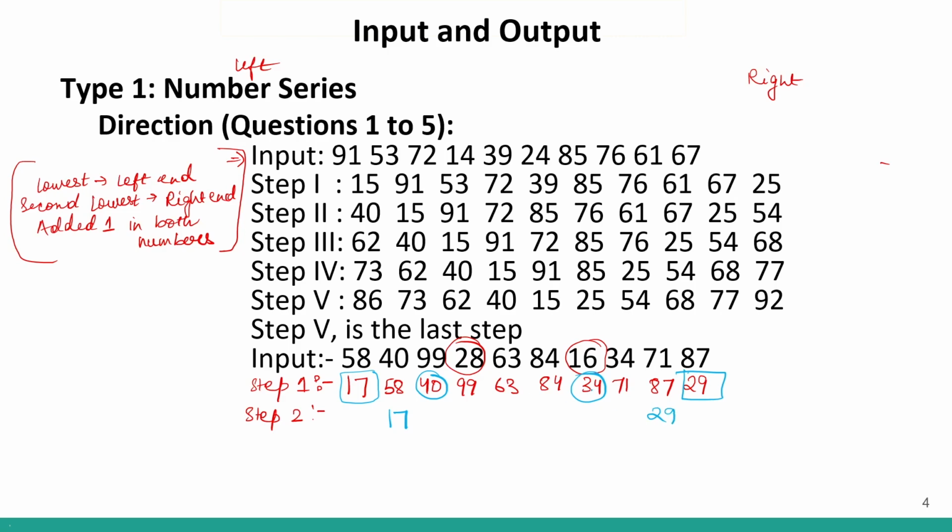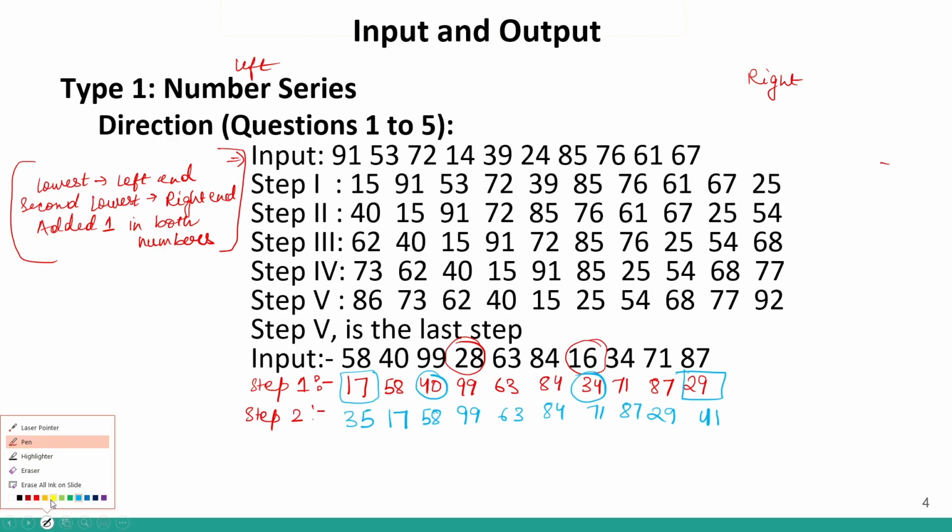Correct? To 34 we will add 1. We will get 35. And to 40 we will add 1. We will get 41. So 41 will come over here. Now the rest of the numbers will be arranged in the same sequence. So 58, 99, 63, 84, 71 and 87. Correct? This is how we will get it.